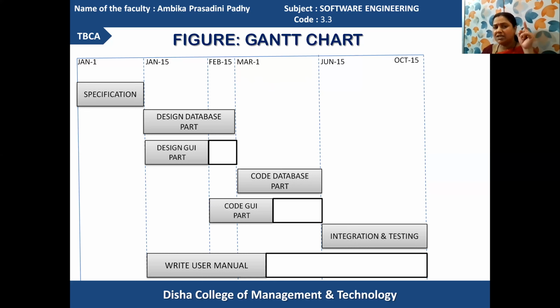And the Gantt chart contains the timelines. The first, second, third, fourth, fifth, sixth horizontal lines are your activities, and the vertical lines are your timelines. Got it? And your vertical line shows which job starts at what time.